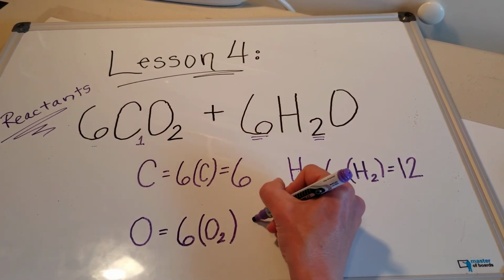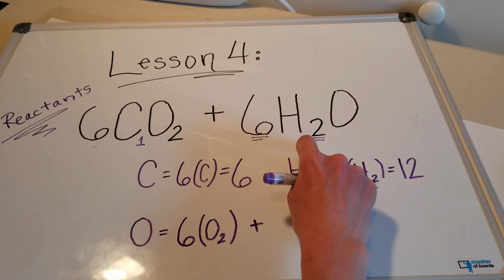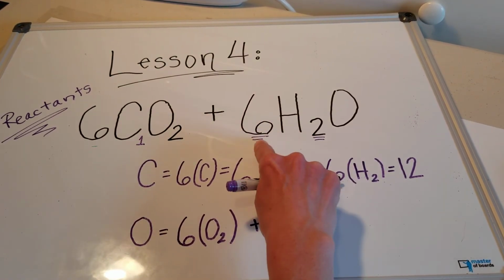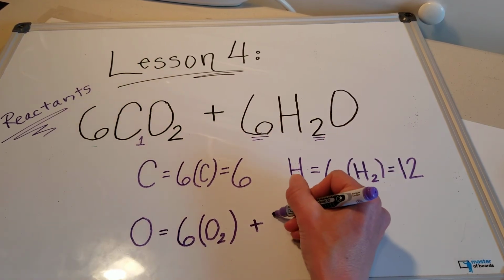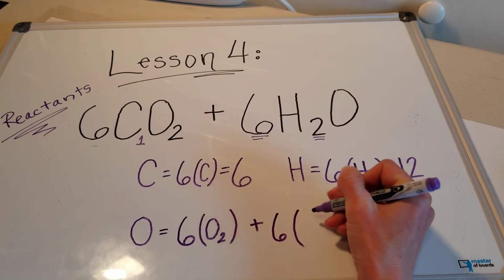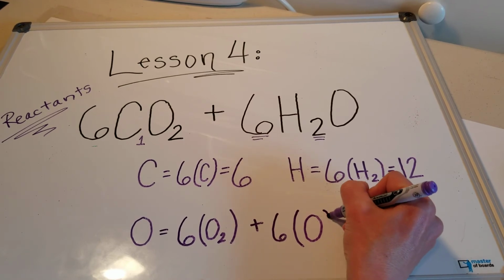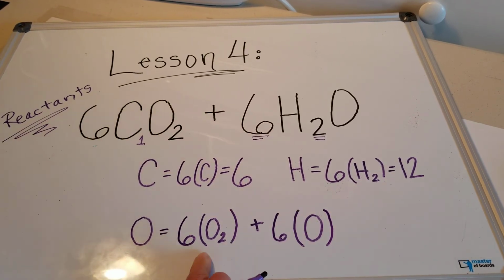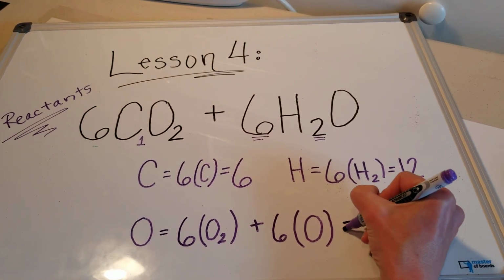I'm just going to add what I've got in the other side of the equation here. So in this side here, I have 6 oxygens, but just single oxygens. So I'm just going to write my 6 again and put my O with it. So over here, I've got 12, 6 times 2 oxygens. Here I've got 6 oxygens for a total of 18.